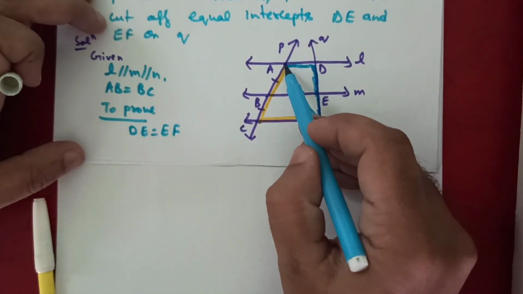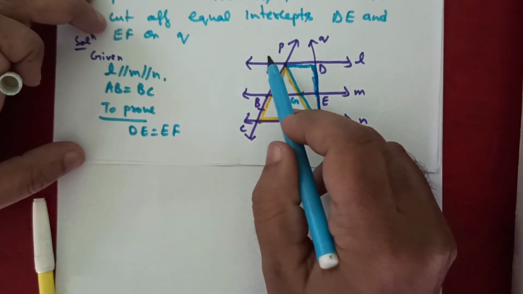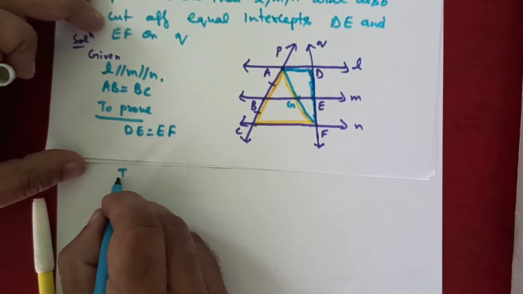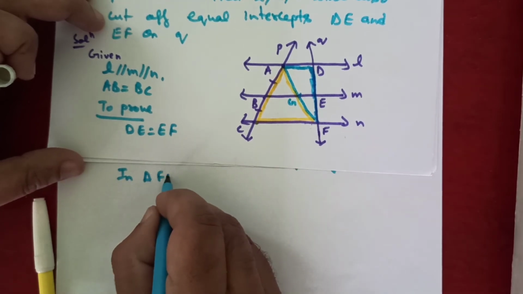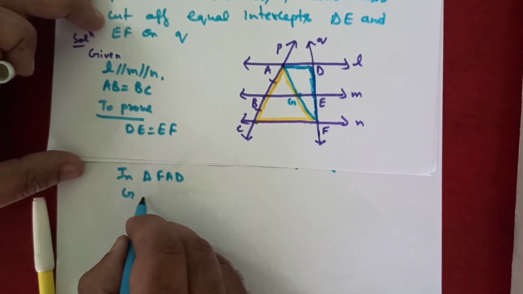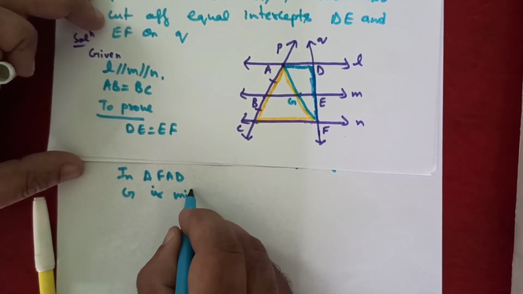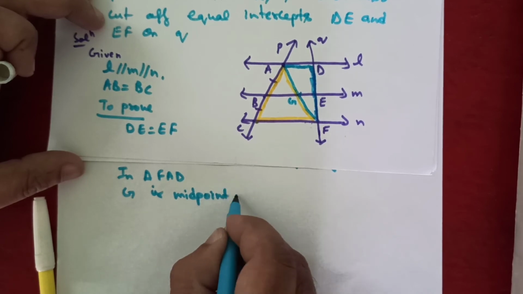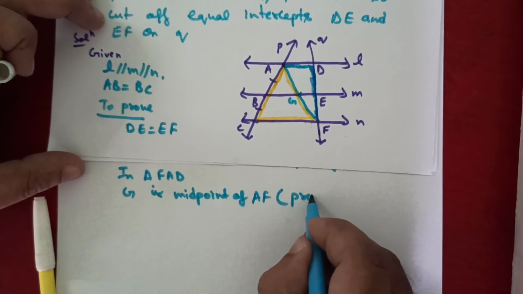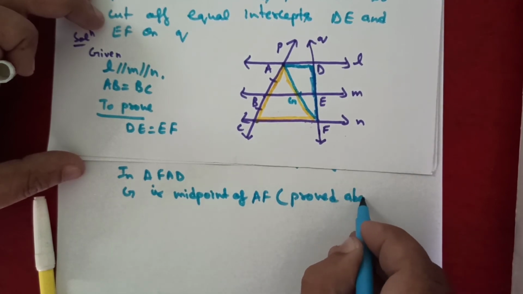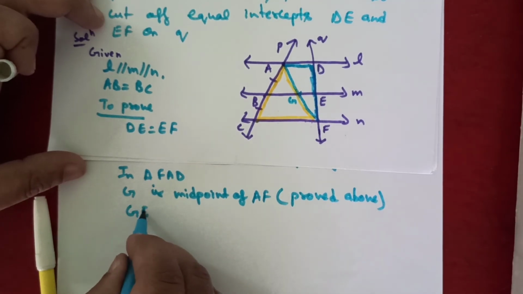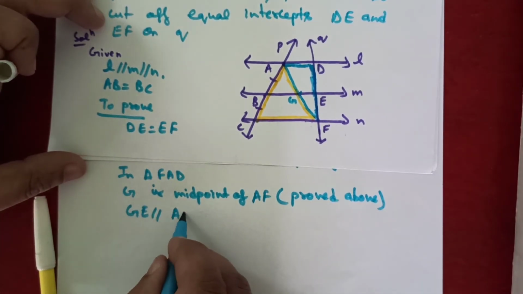Now we have concluded from this that G is the midpoint of AF. Now we will take the triangle ADF, or we can say FAD. So now in triangle FAD, we know that we have just now proved that G is the midpoint of AF, proved above, and GE is parallel to AD.